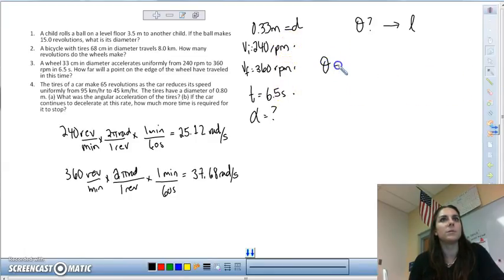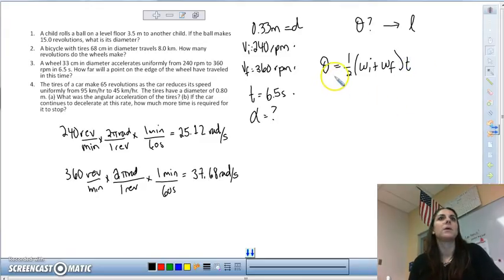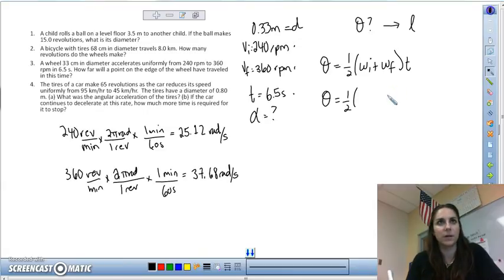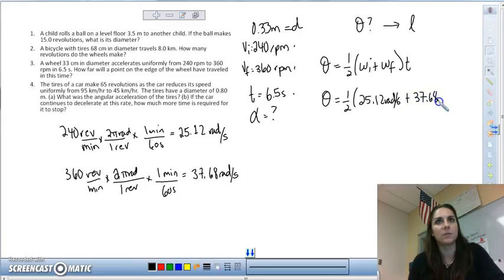Oh, I know what we can use. We can use this one: theta equals 1/2 times omega i plus omega f, times t. Where we can find that. So omega i is going to be the 25.12 radians per second, plus omega f, 37.68 radians per second, times 6.5 seconds.